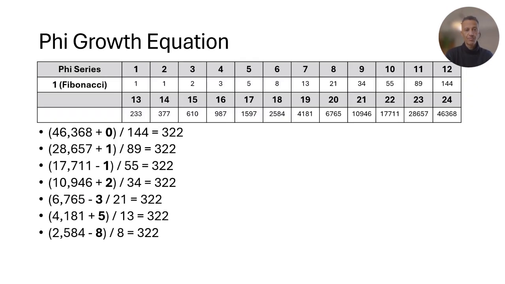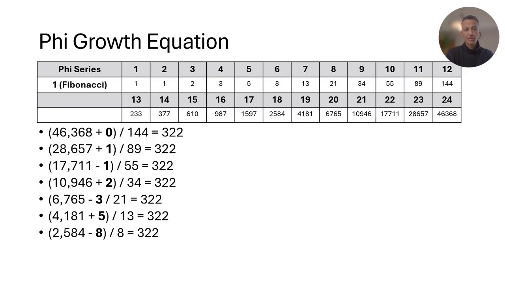So what I've done here is add a value to the positions at the 24th, 23rd, 22nd, 21st, and so on. All these position values, I've added a number to, keeping the lower position values, the 144, 89, 55, and so on, constant. I tried to make these equal 322. So 46,368 plus nothing, divided by 144, is 322.